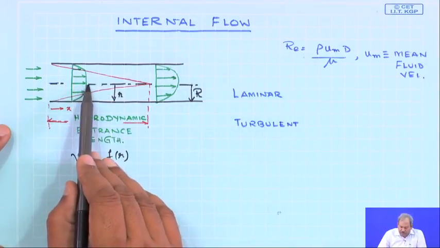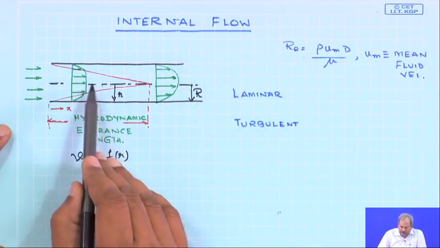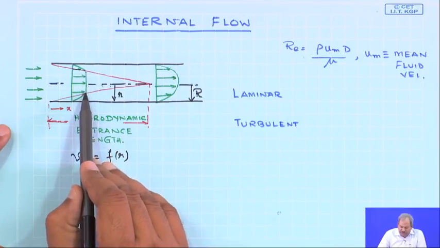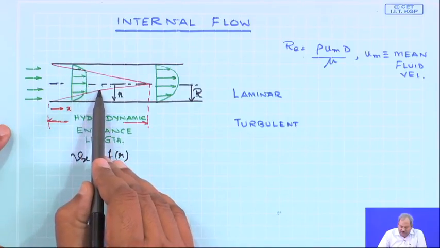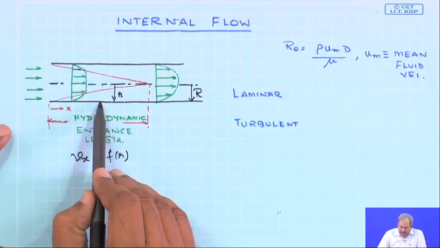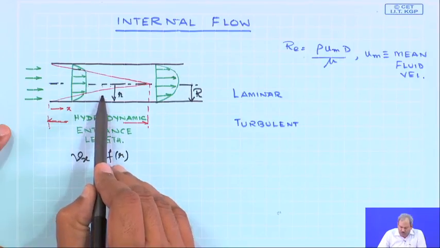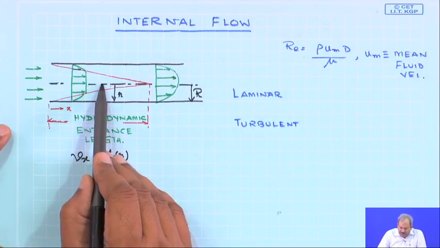As you move progressively inside the tube, this region where the velocity is constant keeps decreasing, and the viscous effect of the wall is felt at greater depths of the fluid inside the tube.